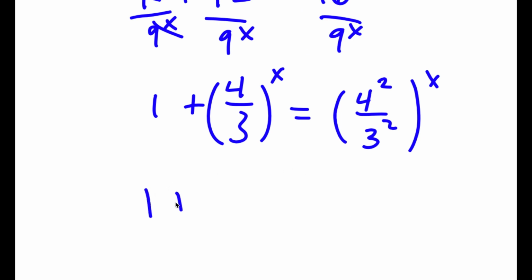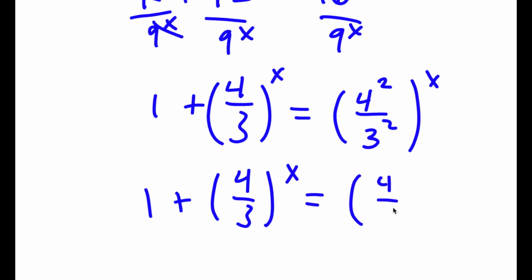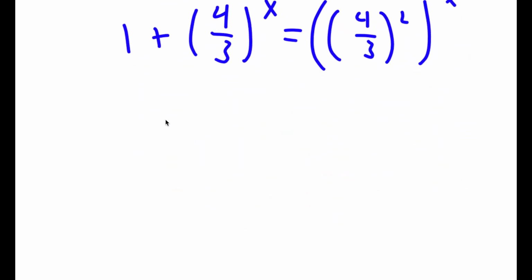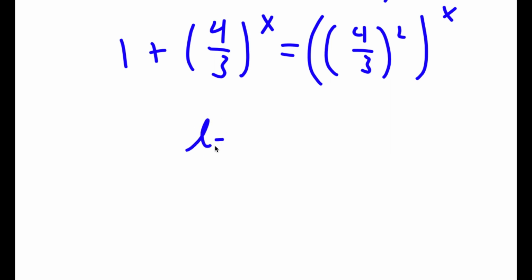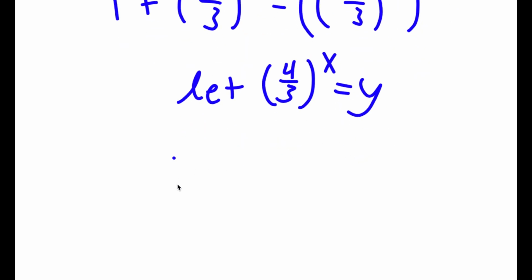Now, this is the same thing as 1 plus (4 over 3) to the power of x is equal to ((4 over 3) squared) to the power of x. And if I let (4 over 3) to the power of x equal to the variable y, I get 1 plus y is equal to y squared.